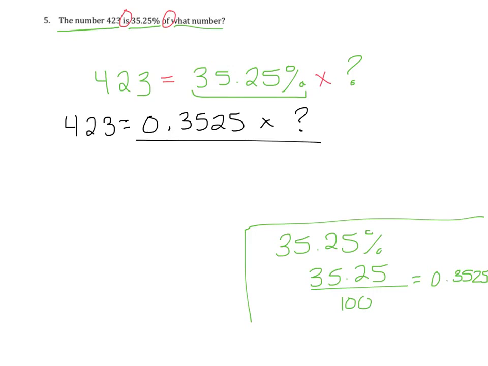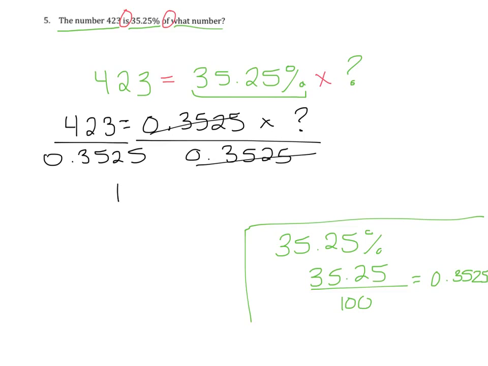Next, I need to divide both sides of my equation by 0.3525. These cancel on the top and bottom. 423 divided by 0.3525 is 1200.